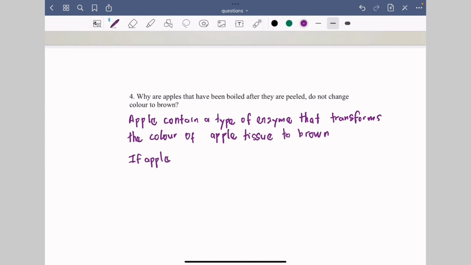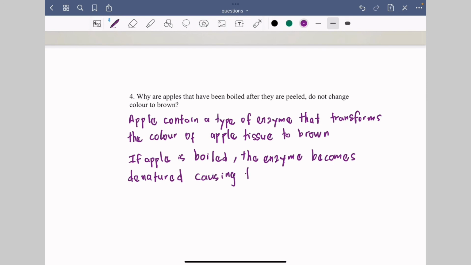If apple is boiled, the enzymes become denatured, causing the apple to not turn brown.